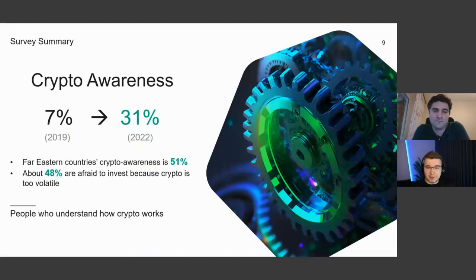So speaking of the survey results, more users started to understand how crypto works, which is good. So people progress over time. Now we see growth of crypto awareness. In the last 4 years, crypto awareness has grown compared to 2019. 45% said that they had only heard of cryptocurrency but didn't know how it works, and that was 7% in 2019, 31% in 2022.